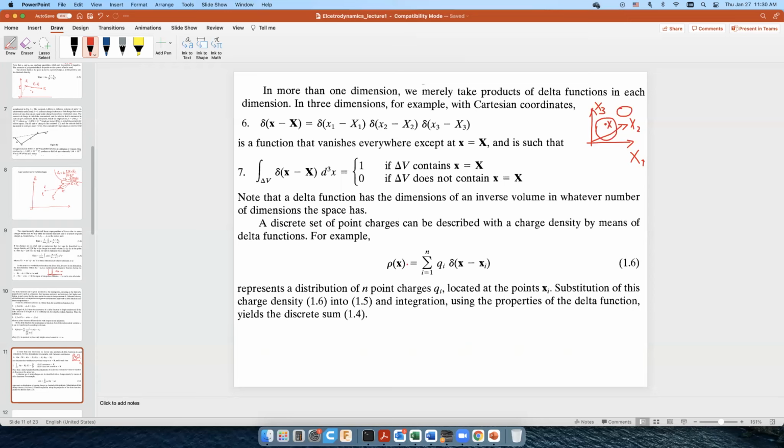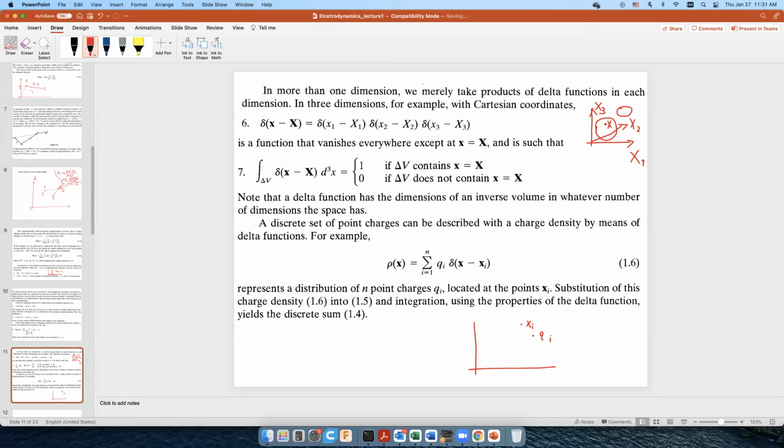For example, rho(x) can be written as q_i times the delta function of x subtracted by x_i, which describes, let's say, a charge q_i at coordinates x_i. Then q_i times a delta function of x subtracted by x_i should be the point charge q_i.